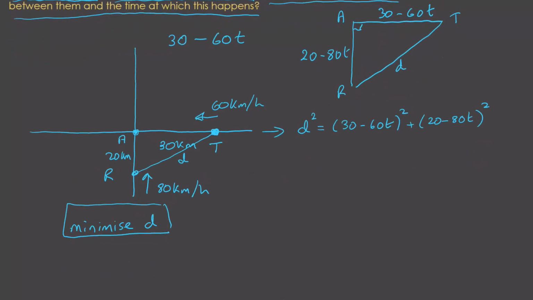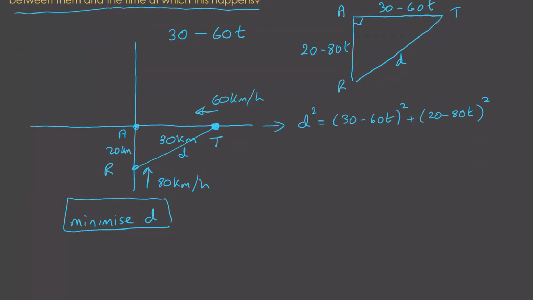So we can differentiate using the chain rule here. So d(D squared)/dt would be twice (30 minus 60t) to the power 1 times negative 60, plus twice (20 minus 80t) times negative 80.